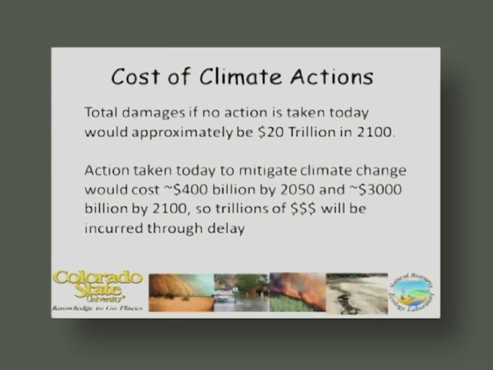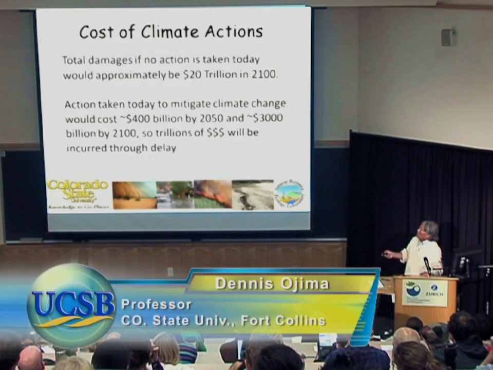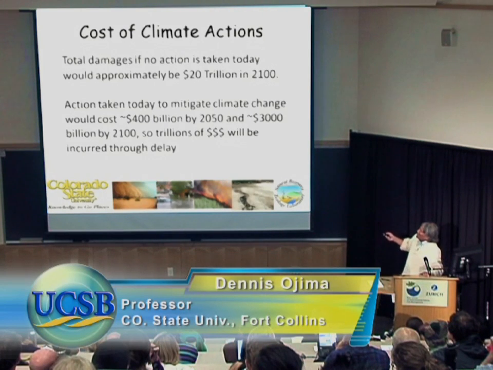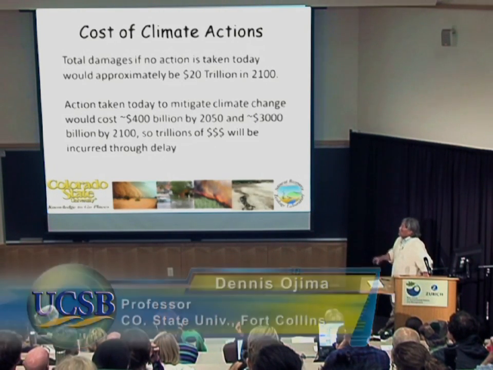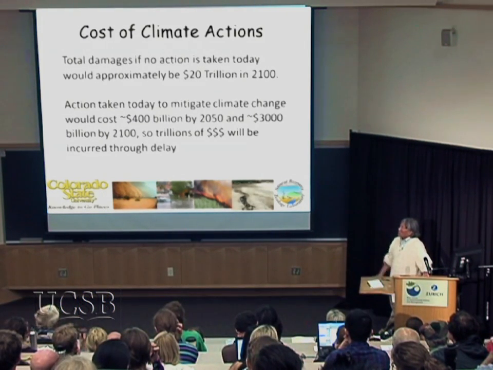Yet, if we start investing now in mitigation options, the accumulated cost would be less than $1 trillion by 2050, and by 2100, it would be $3 trillion by the end of this century.